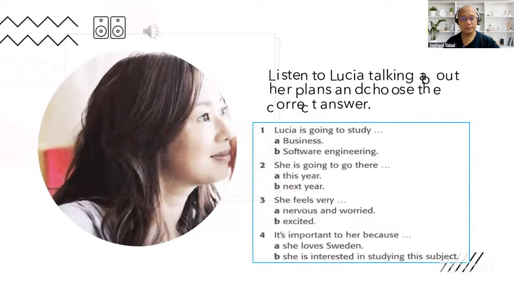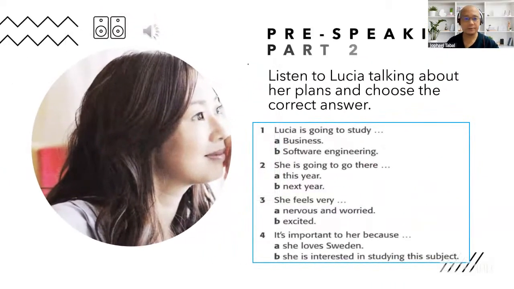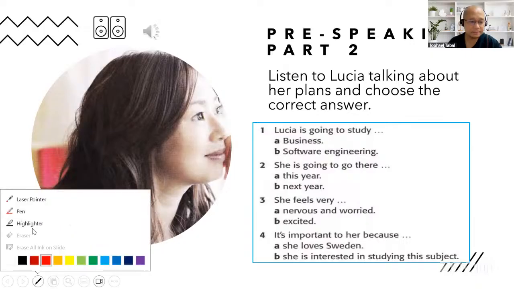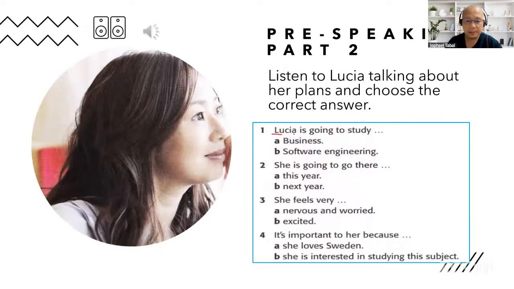So let's move on. Before we have speaking part two, let us first listen to Lucia talking about her plans, okay? And as you listen, I want you to choose the correct answer. So for number one, it says here, Lucia is going to study, is it business or software engineering?